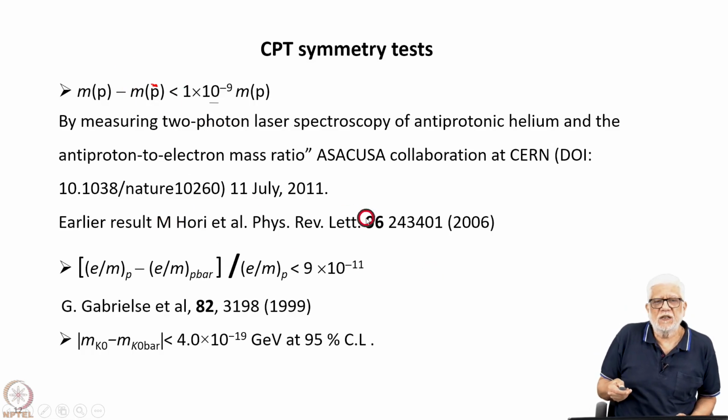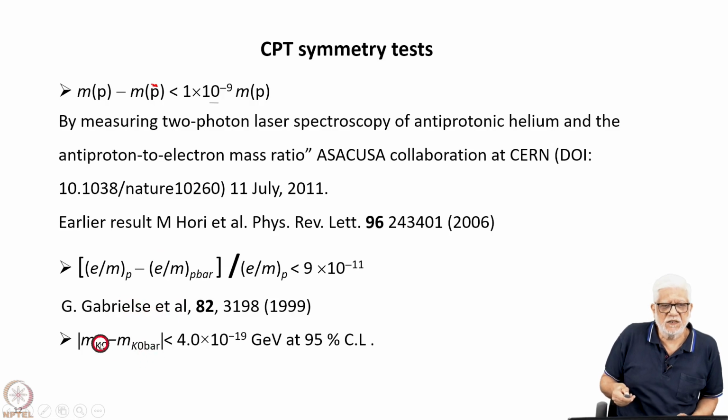So, the earlier result of M. Hori and so on was that E by M for a proton and E by M for an antiproton, using free particles, was of the order of 10 to the minus 10. But this used a different way of attacking the problem, and there is another way you can look at a possible CPT violation in the K0, K0 bar masses, and they are found to be equal to within 10 to the minus 19 or so GeV.